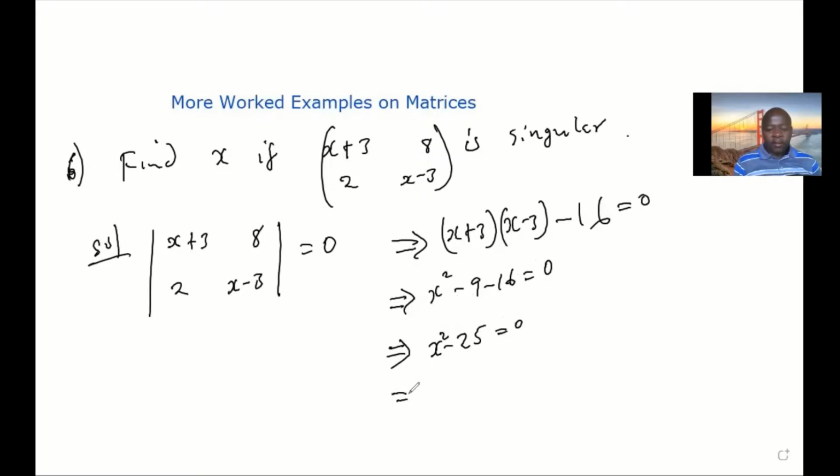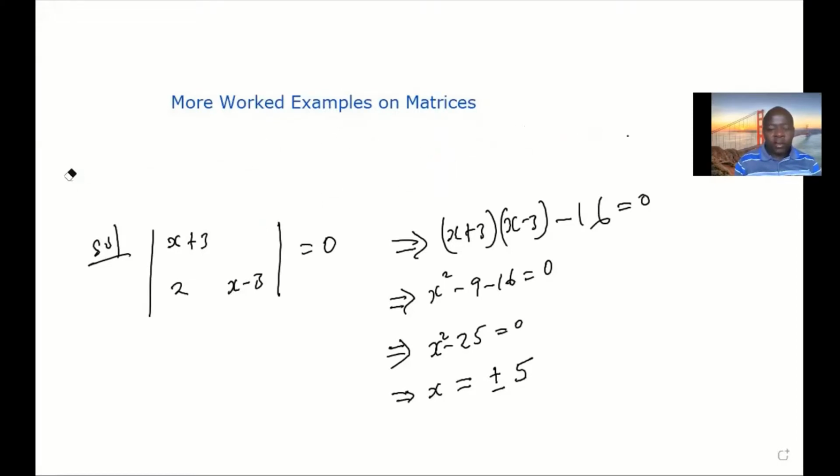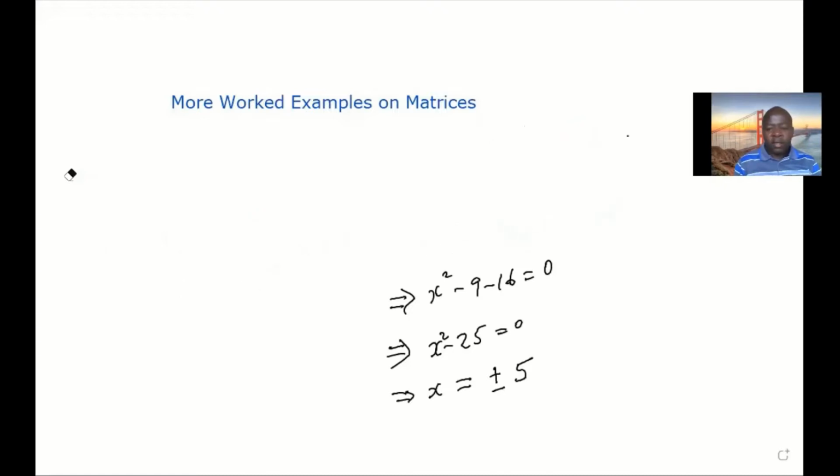That means that x is positive or negative 5, if this matrix is to be singular. Again, that emphasizes the notion of singular matrix: a matrix whose determinant is 0.